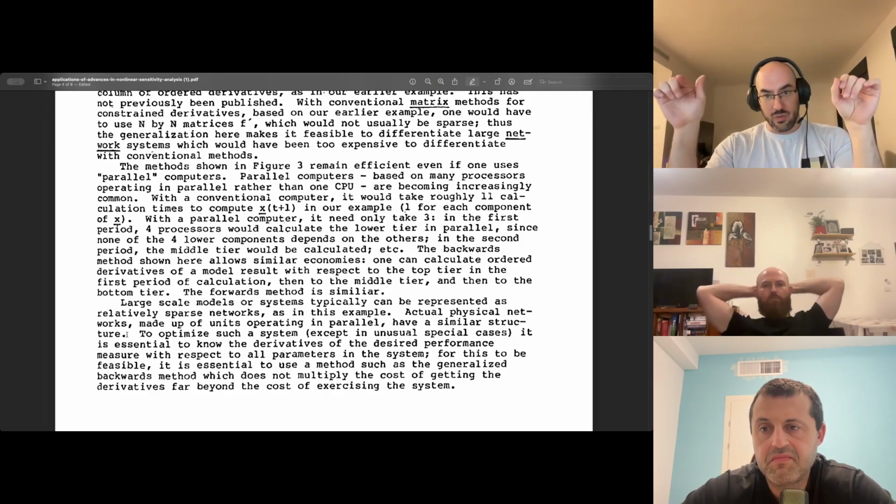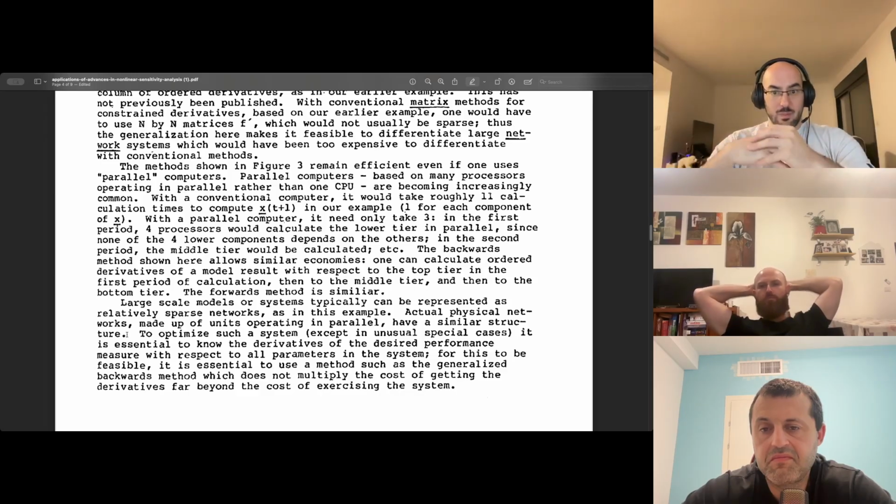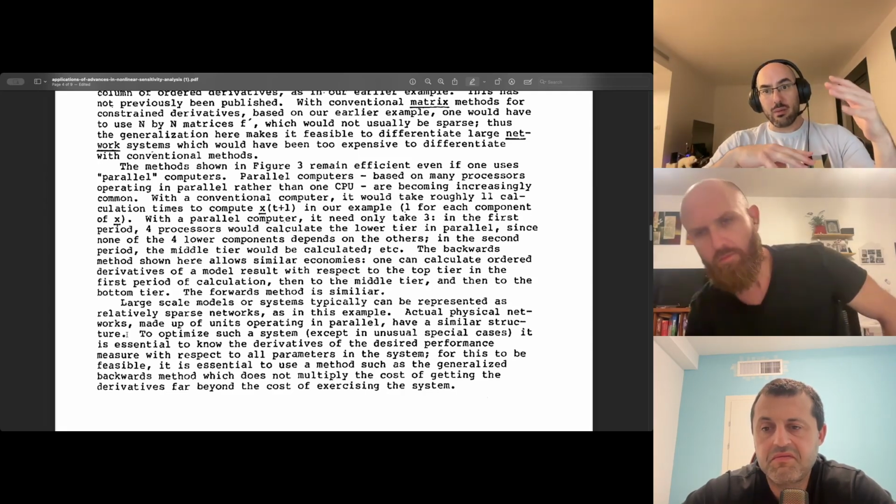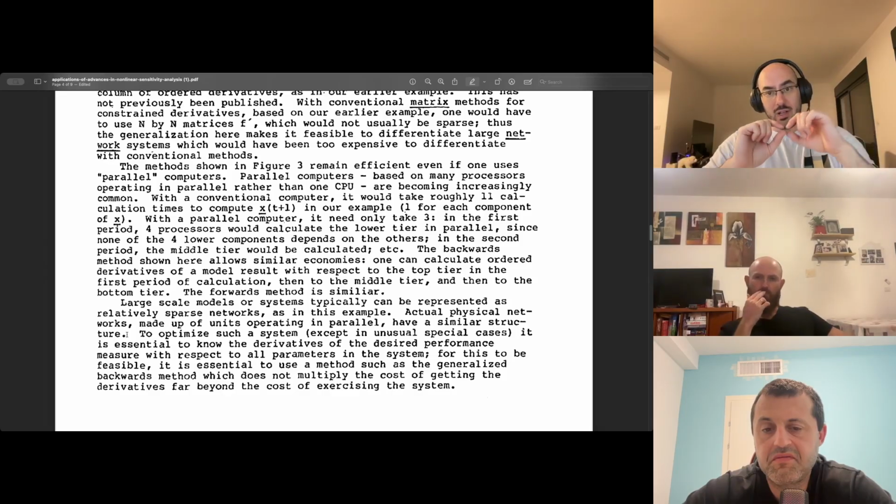Sorry, and it's linear. It's linear in this case. You could put some nonlinear transformations in there. But it's linear, and you have, in this case, a very narrow intermediate layer, and the computations all go through that.